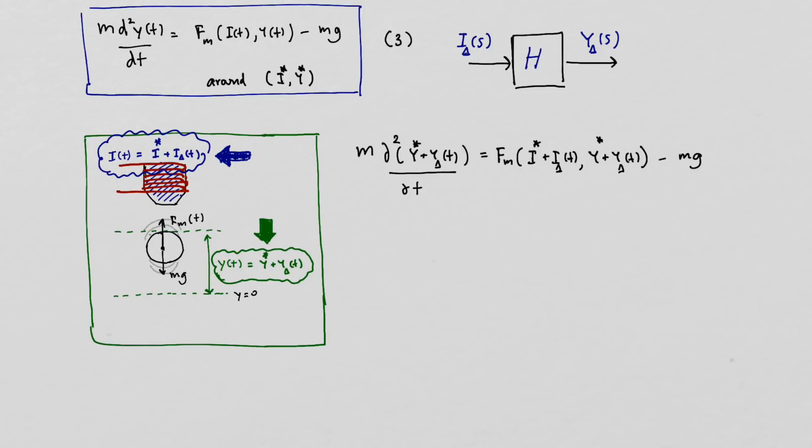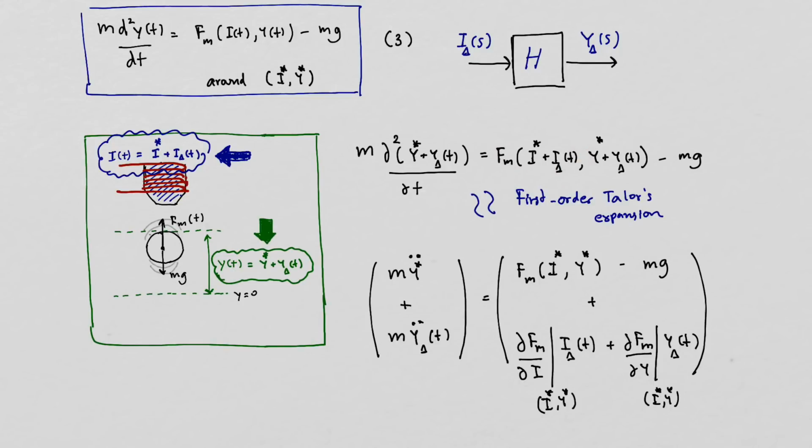With that in mind, we can write equation 3 in this form, where we denote explicitly the y as the nominal one plus deviation, and the same for the I. The first order Taylor expansion can be made, particularly on the function Fm.